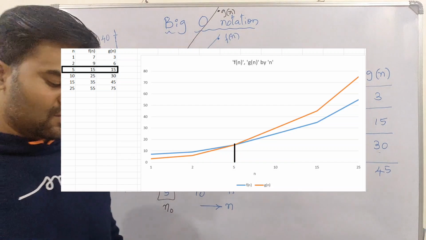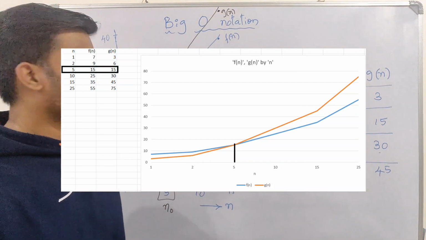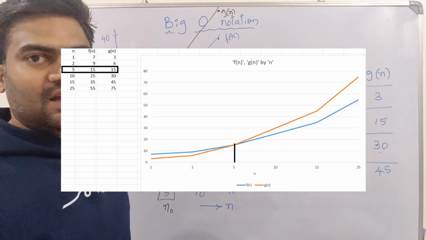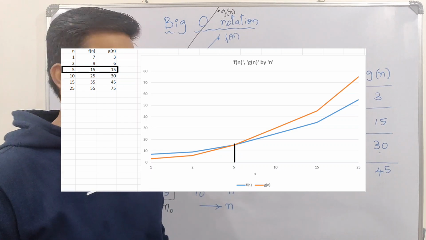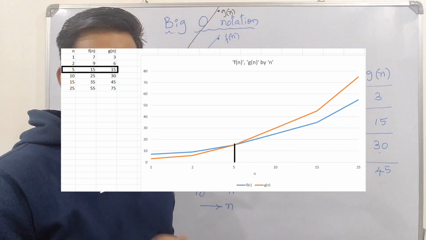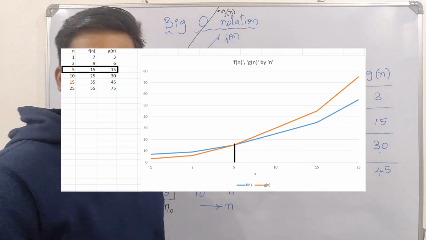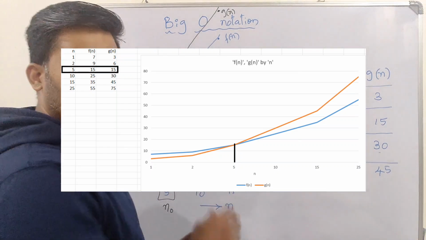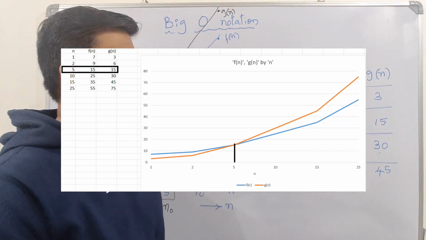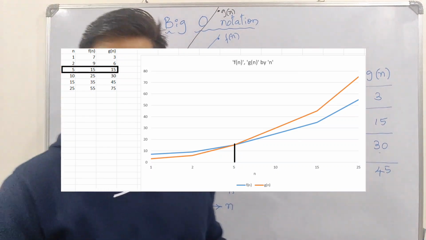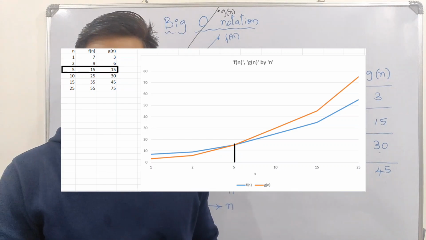So basically what we need to understand here is that g of n gives us the worst case running time of an algorithm. That is what big O notation represents. So there is no point in measuring the running time of an algorithm.